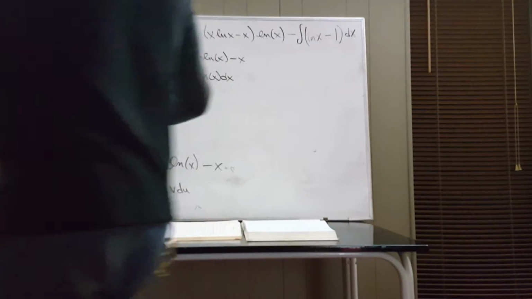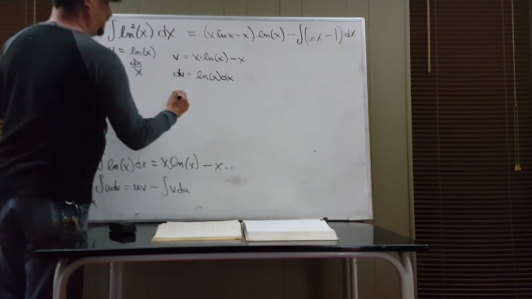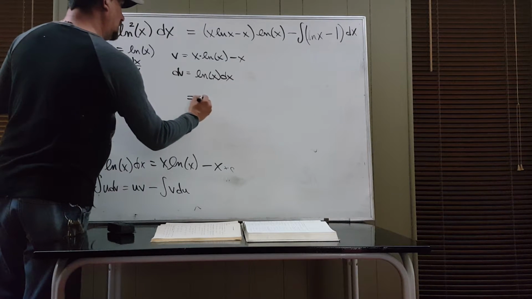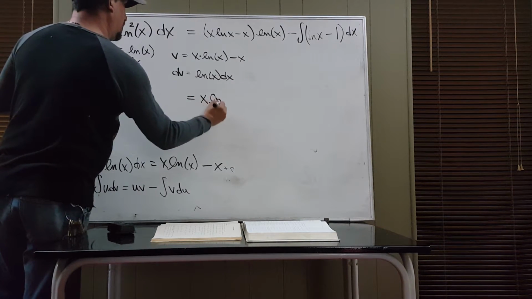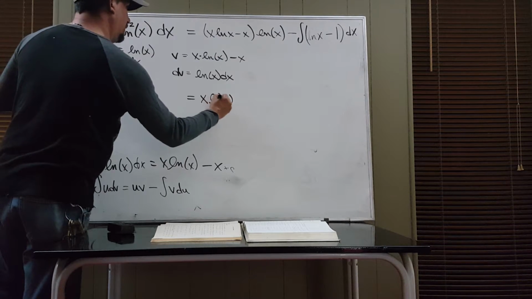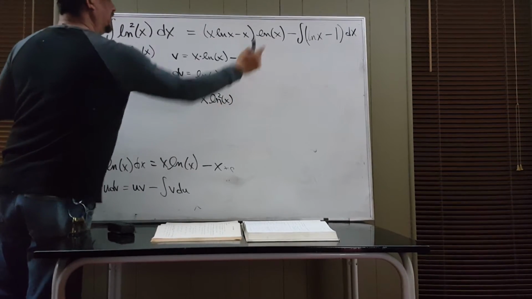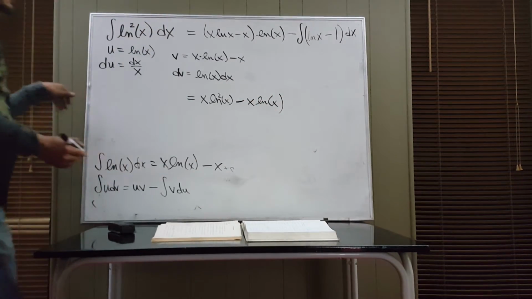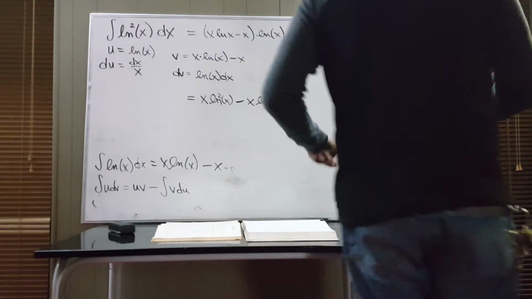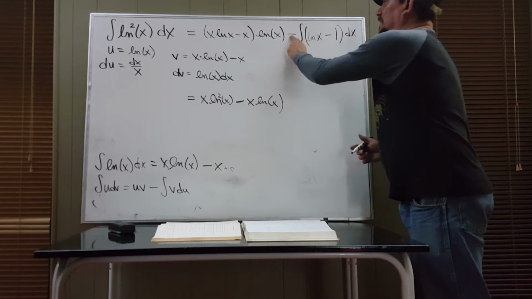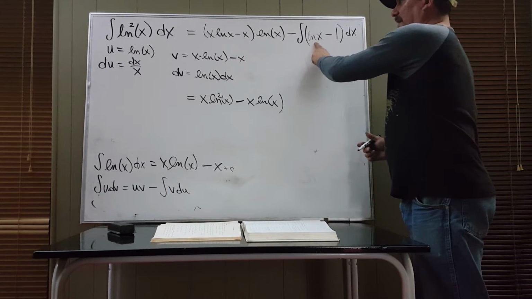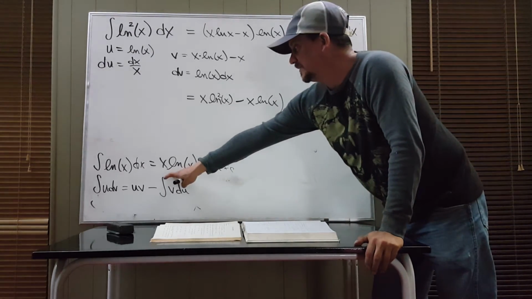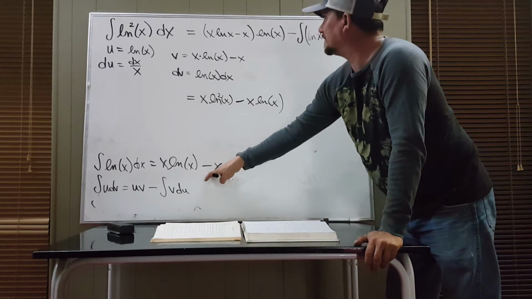Okay, so let's simplify this a little bit. When we multiply this across, we're going to have x times the natural log of x squared. Okay, so if I multiply this times this, minus x times the natural log of x. Now, minus the natural log of x, the integral of the natural log of x, which is x ln x minus x.